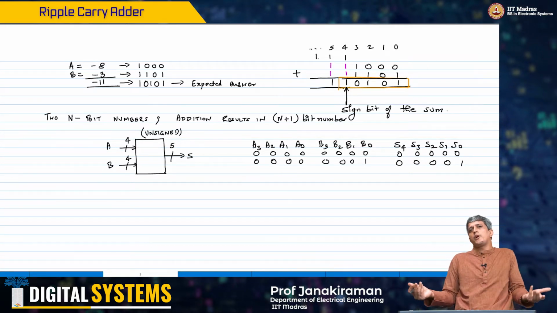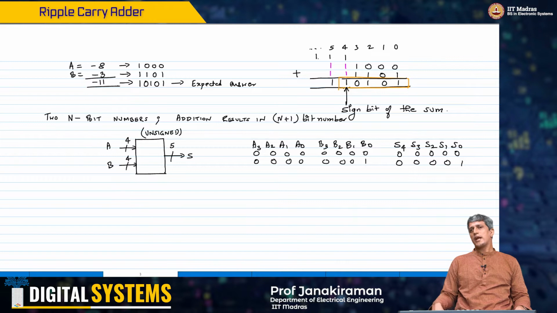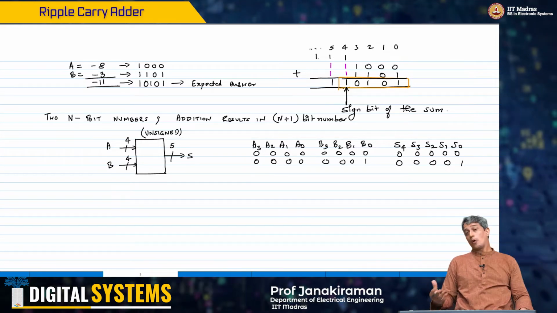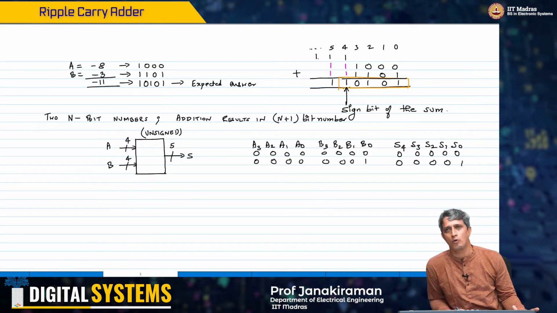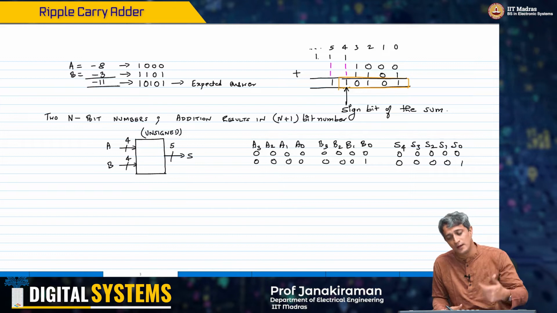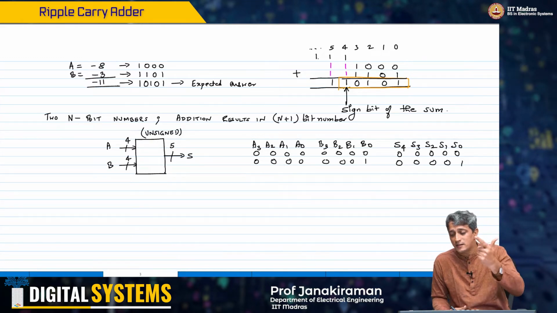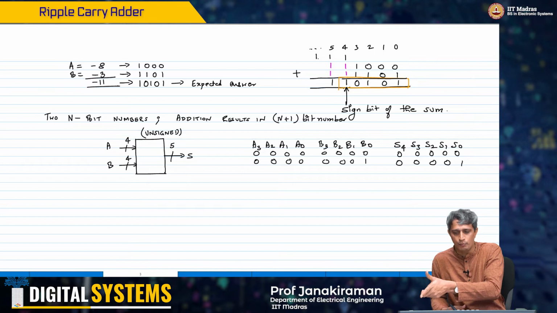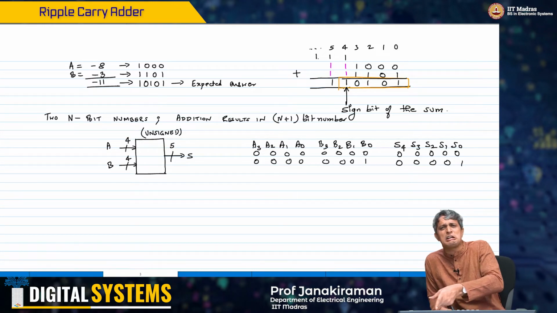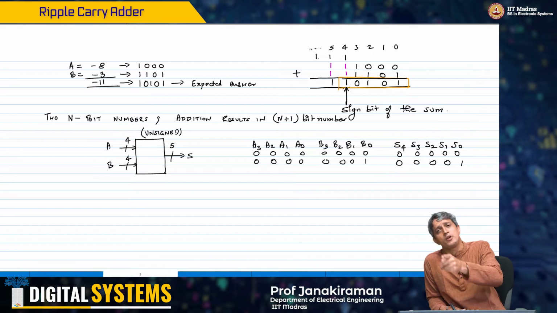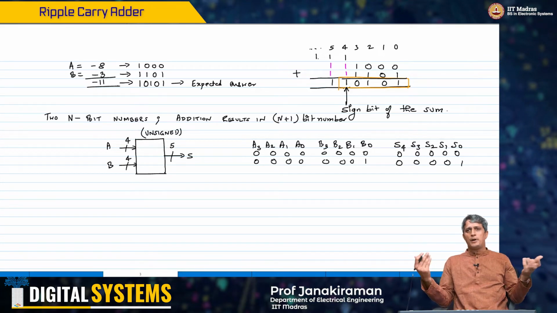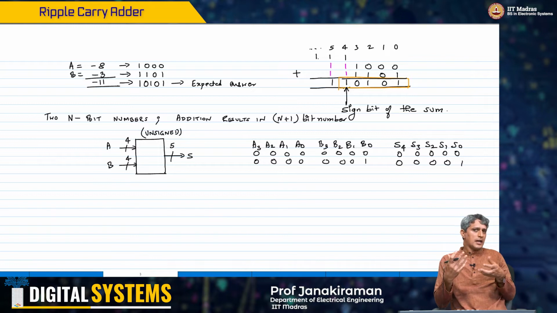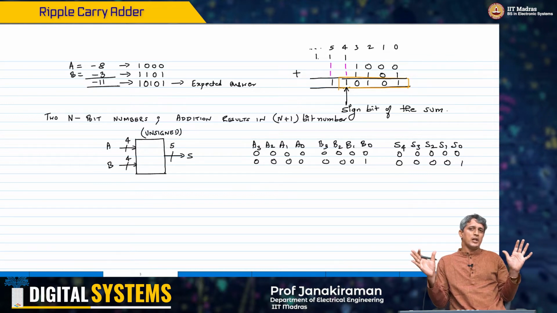Because the moment I go from 4-bit to 8-bit, if A and B were 8-bit, I am talking of 16 inputs, 2 power 16 combinations. Clearly this is not going to work, it is going to go out of hand. Second, S0, for example, is going to be written in terms of A3, A2, A1, A0, B3, B2, B1 and B0, but that may not be the best possible implementation.